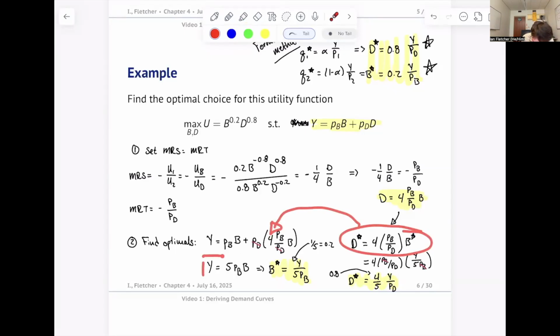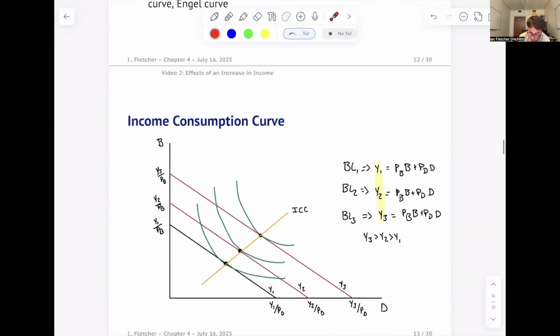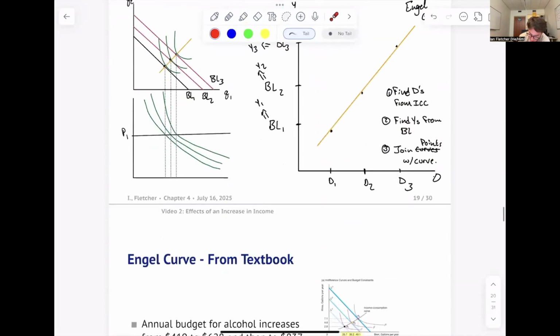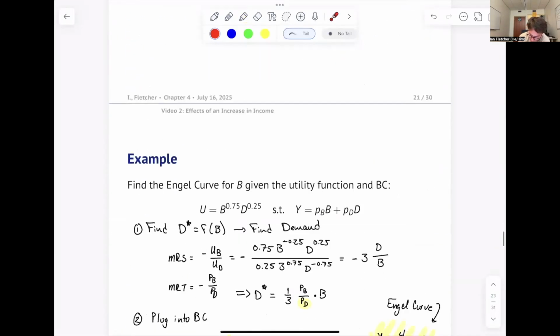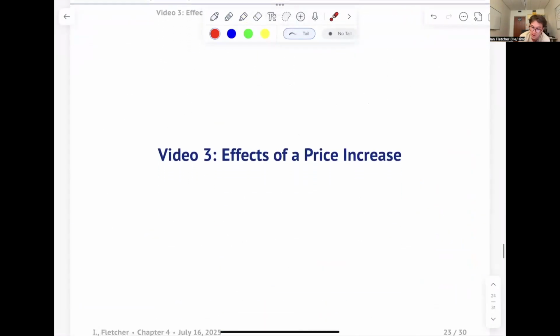This equation that we found here is an Engel curve. We just didn't call it an Engel curve, but we've been doing it since we started. And so if we come back down here from where we left off, that was it graphically, that's from the textbook, and that's mathematically. We should be good to shift into the effects of a price increase.